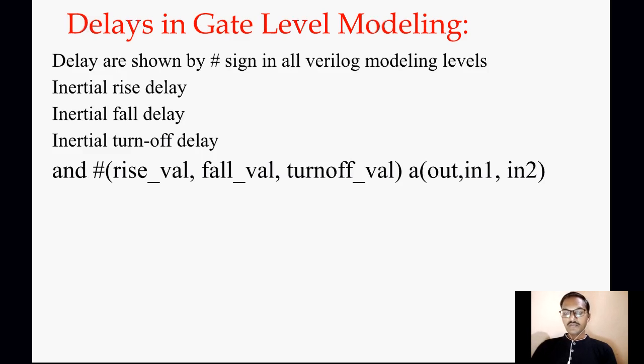For example, hash in brackets rise_value, fall_value, comma turn_off_value, bracket complete. A is the instantiation of the AND gate, then out, in1, in2, which is the port list for the AND gate. So this is the way we specify the gate level delay.